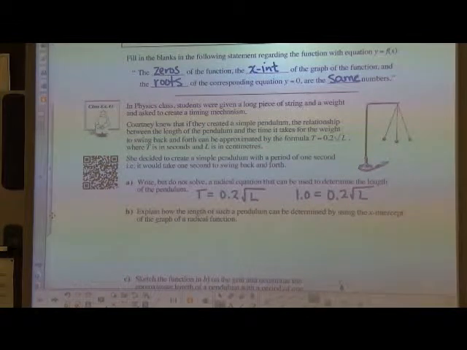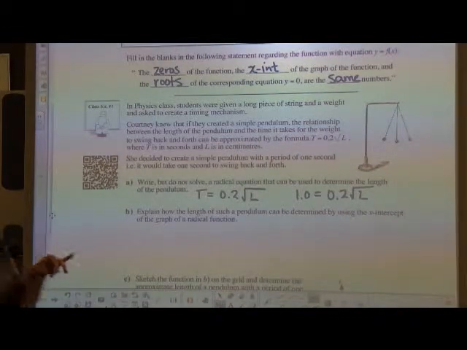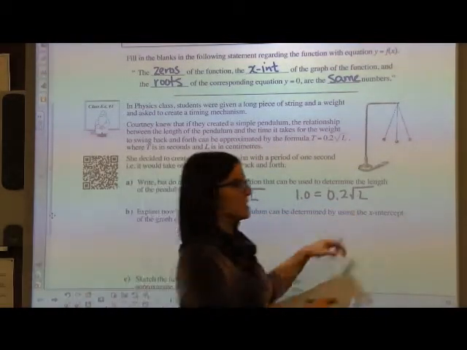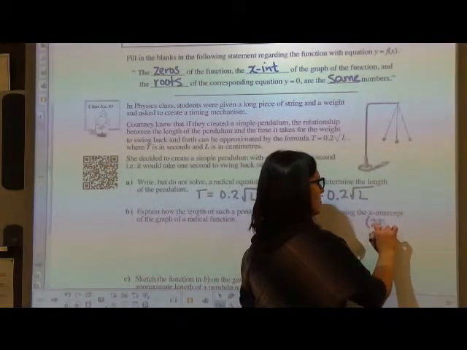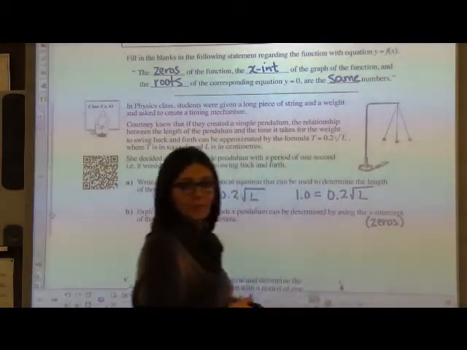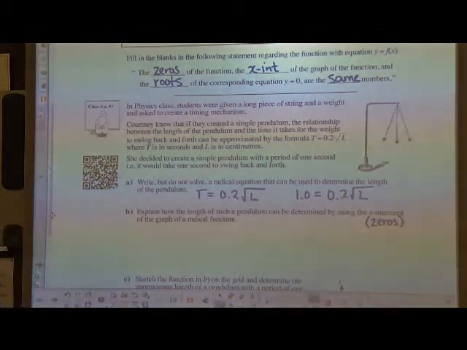Now suppose I wanted to graph this radical function, and I wanted to be able to solve by using the x-intercept. If I'm solving by using the x-intercept, that means I'm finding the zeros on the graph. When I am looking for zeros, how many equations do I have?